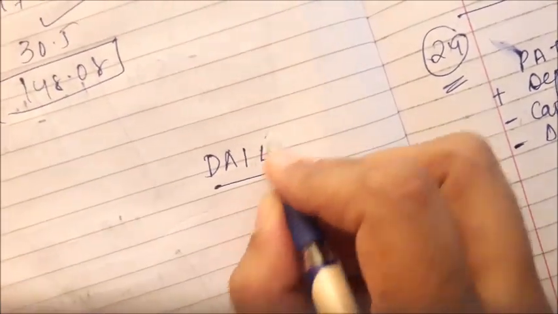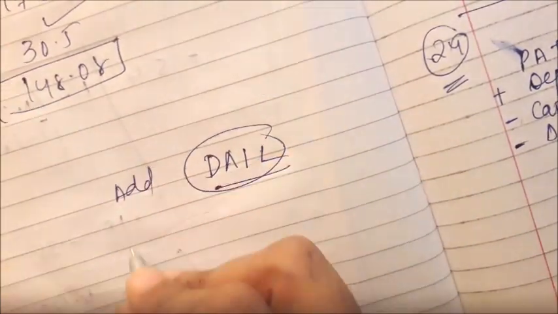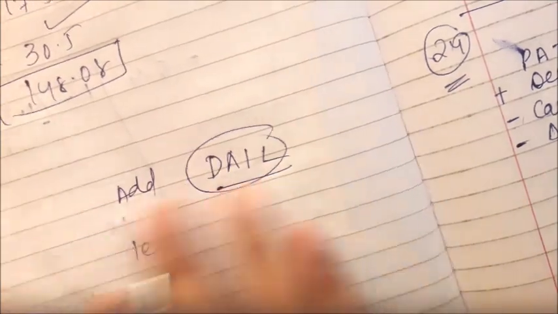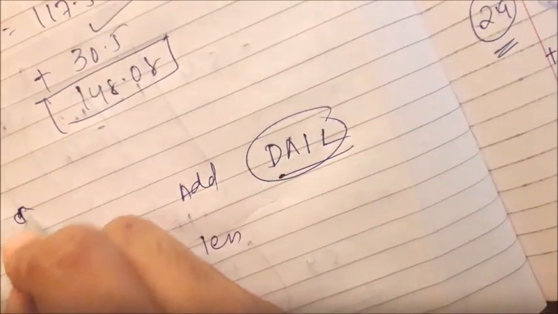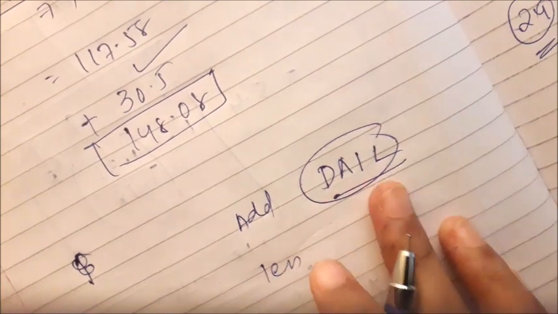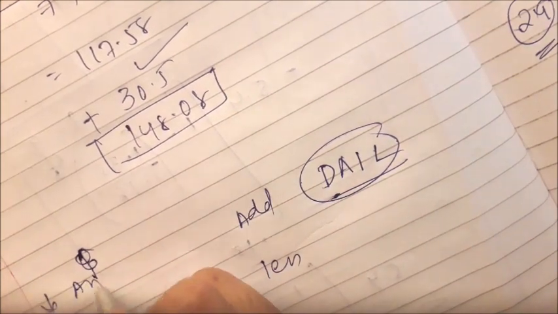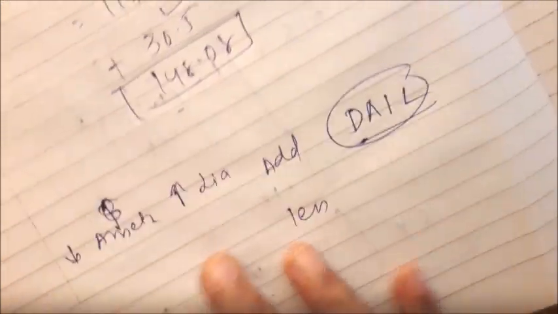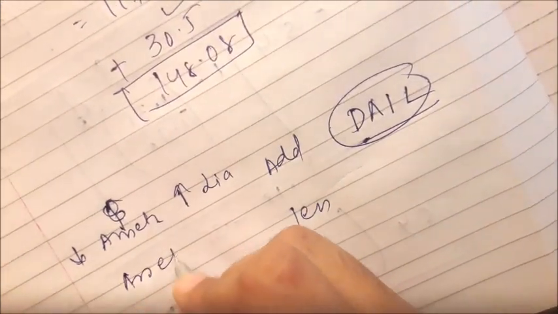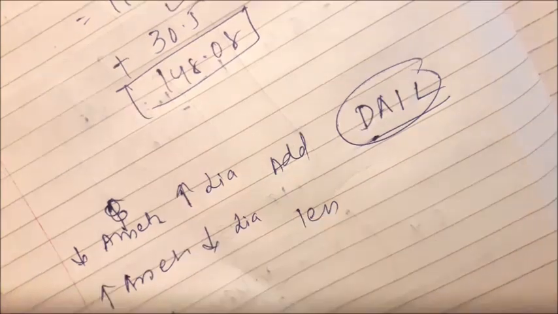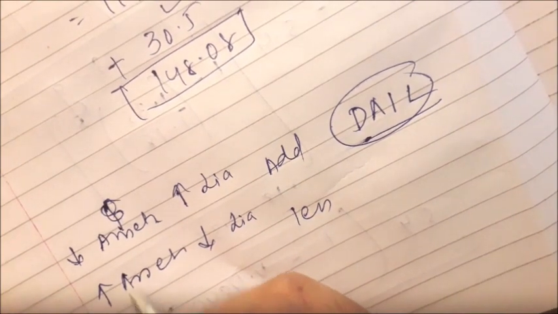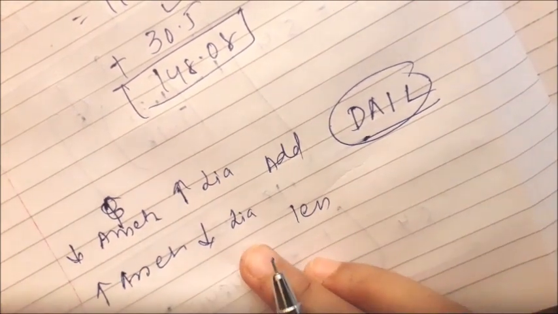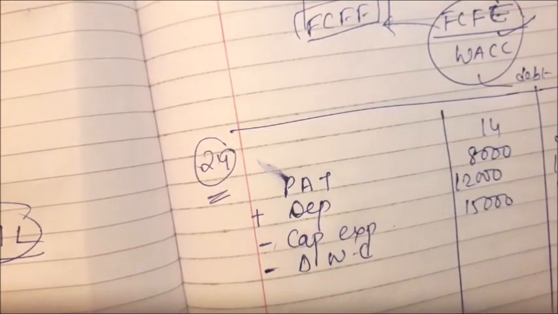That is DIAL. Decrease in assets, increase in liabilities: this we are going to add. The opposite, increase in assets and decrease in liabilities, we are going to subtract. This is how the working capital adjustment happens.